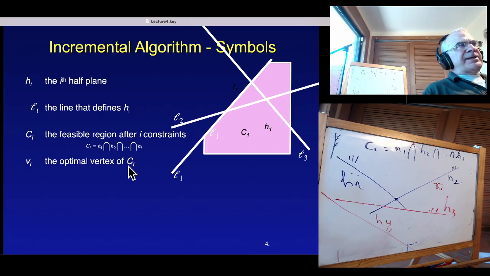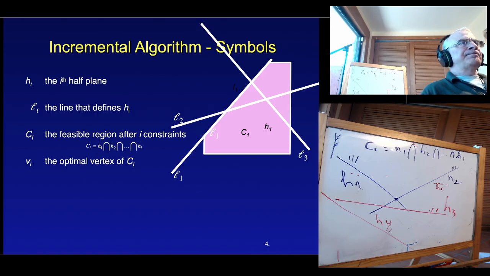We saw two weeks ago that the solution to the linear programming is always at a vertex, and Vi will be the optimum solution to the linear programming given the first i half planes.